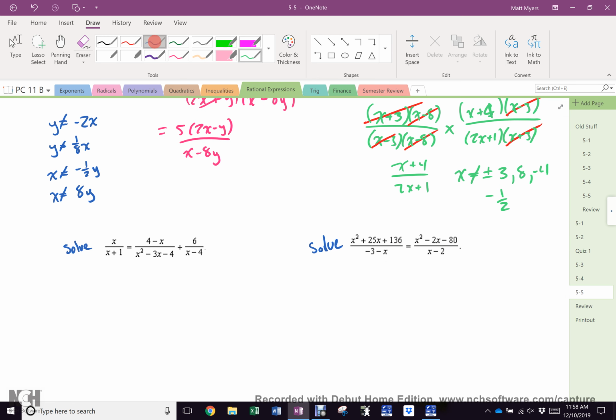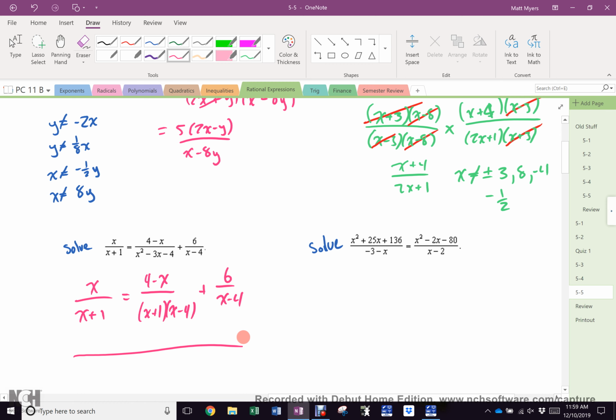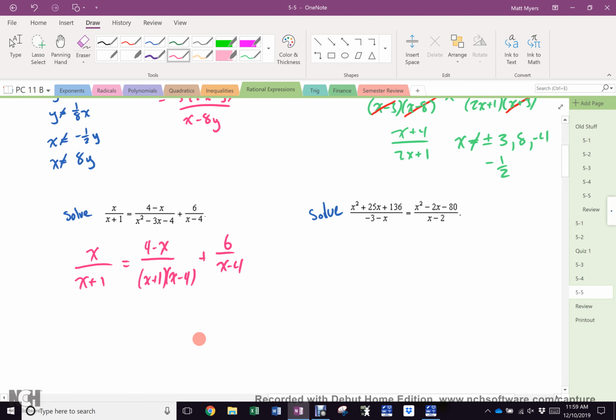Solve. Factor. Oh, yeah, barf. x plus 1. Now, of course, you can leave that if you want. x, not plus, x plus 1, x minus 4, plus 6 over x minus 4. What's your common denominator? x plus 1, x minus 4.